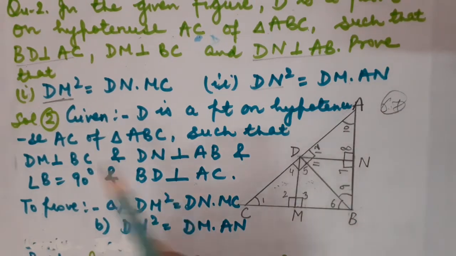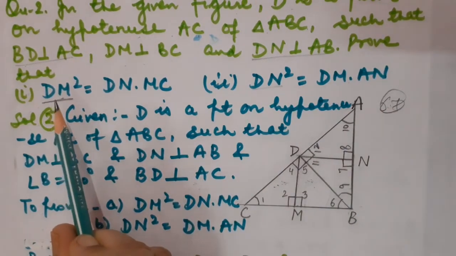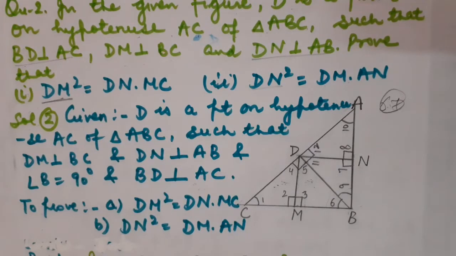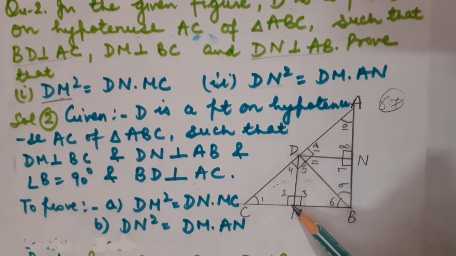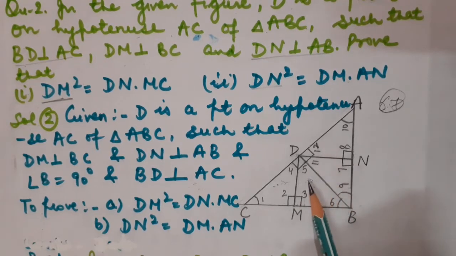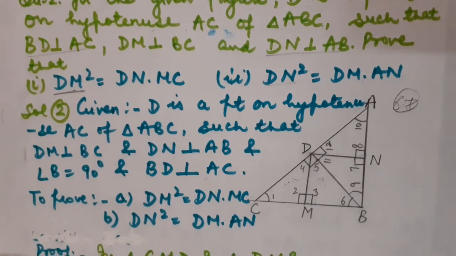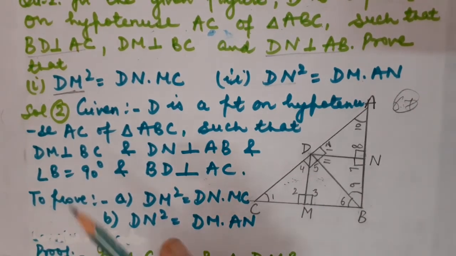I told you that what to prove will always help you to choose the appropriate right angle triangle. So when I saw that DM can come twice only when I choose triangle CMD as well as BMD. In the same manner for DN square as well. Correct? So now let us start its solution.